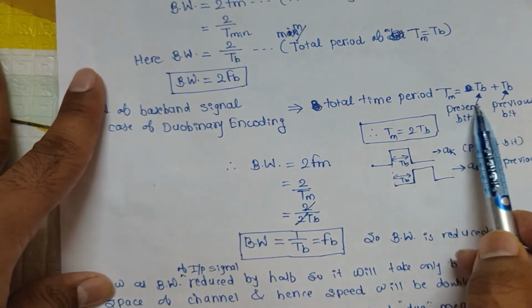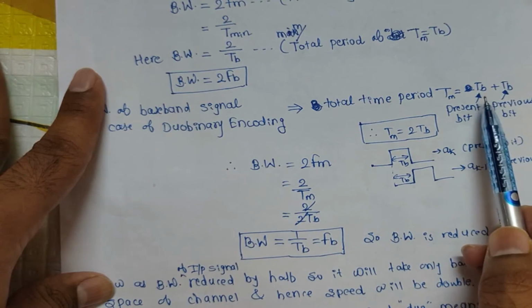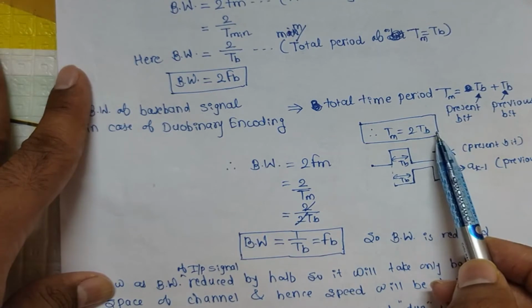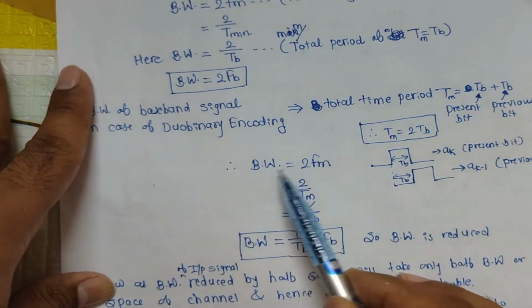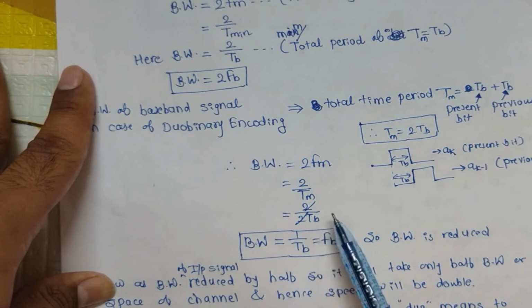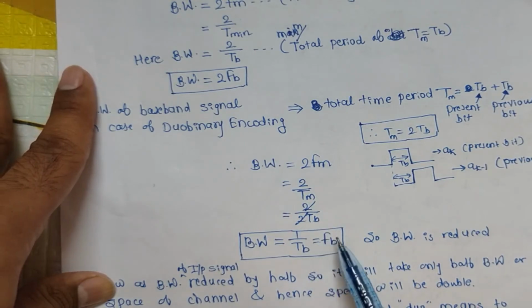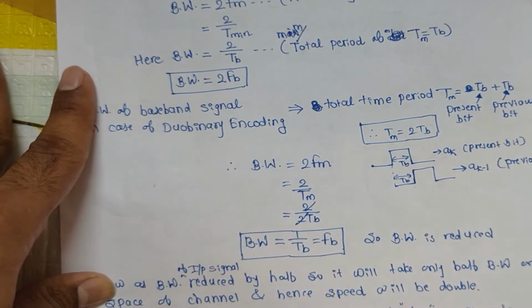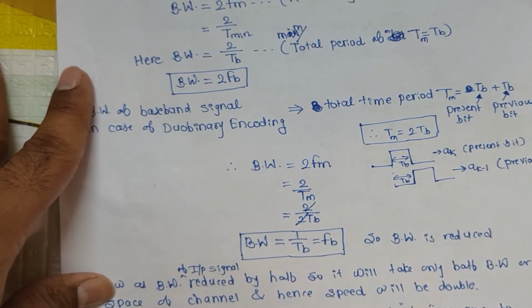So it increases the time period, since it depends on the present bit as well as the previous bit. Therefore the total time period is twice TB. Hence the bandwidth is 2 divided by Tm, now 2 TB, the 2 cancels, 1 by TB is the frequency FB, and this is how the frequency is reduced. So the bandwidth is also reduced. This is the reason behind using duobinary encoding.